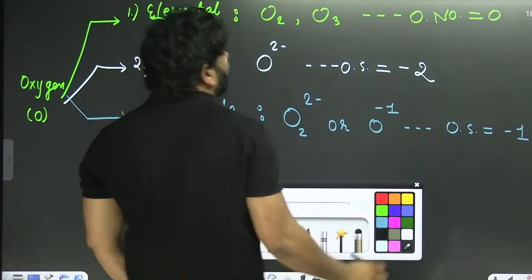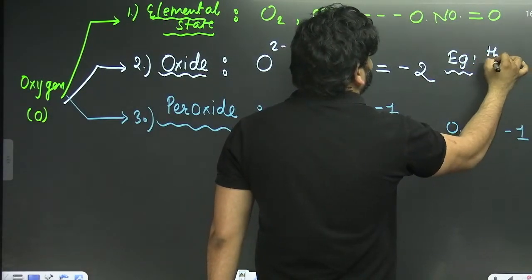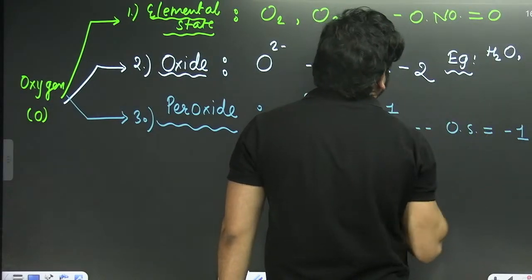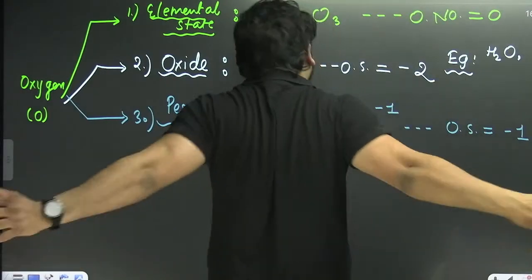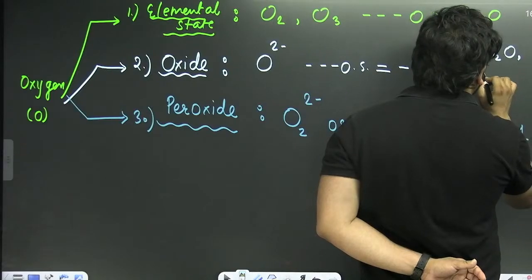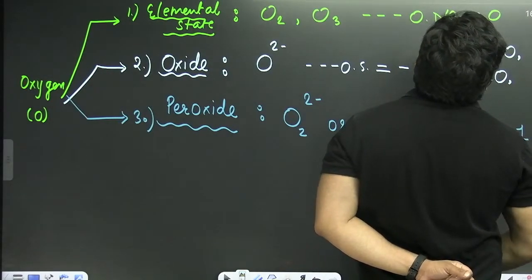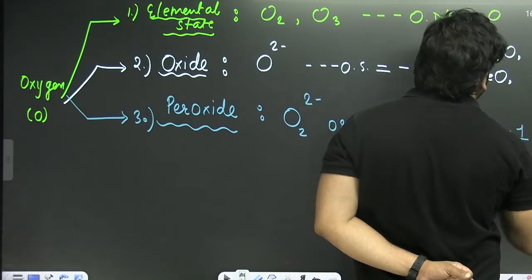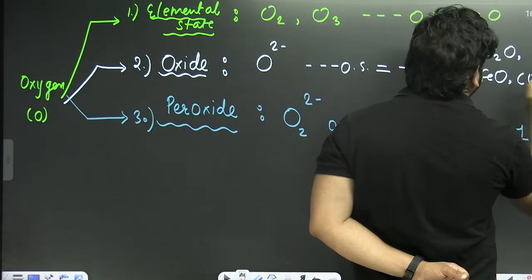Let me give you some examples of oxide. Examples: H2O, CO2. Wherever you usually see oxygen, it will appear as -2 as an oxide. Mostly it is present in oxides only, like iron oxide or carbonate ion, whatsoever is there.